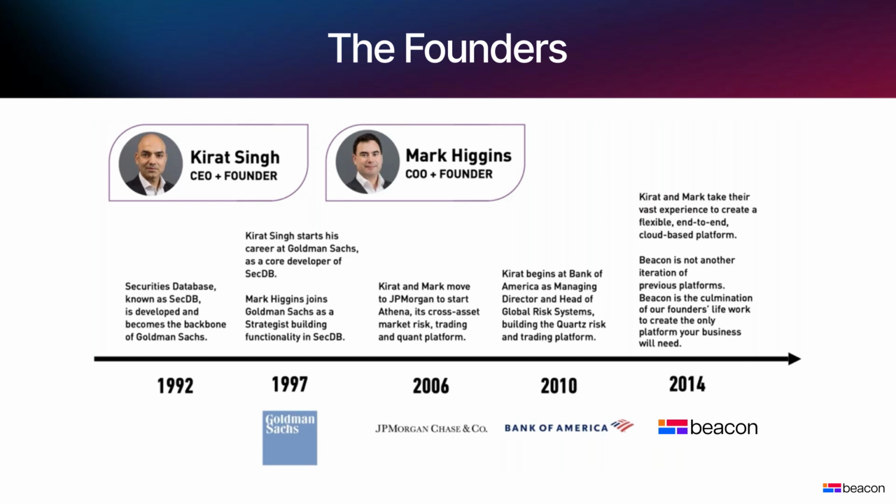Goldman was pretty unique at the time in that they had this in-house system called SecDB. And SecDB has two parts. One part is a rich set of trading and risk management applications. And the other part is the underlying platform in which those applications are built. That platform spans all the different businesses at Goldman.